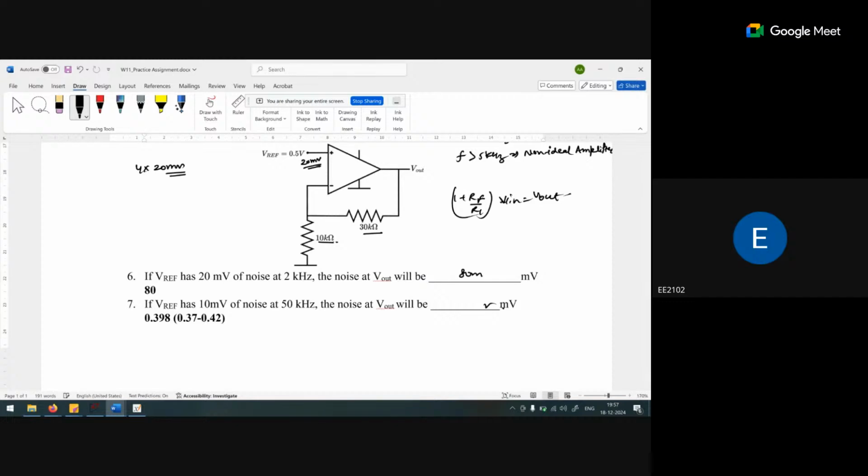But now after 5 kilohertz, it will behave as a non-ideal amplifier. So what is the meaning of non-ideal amplifier? What is basically the output voltage of the non-inverting non-ideal amplifier?